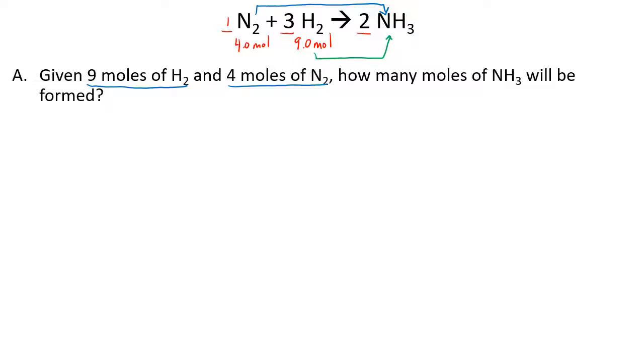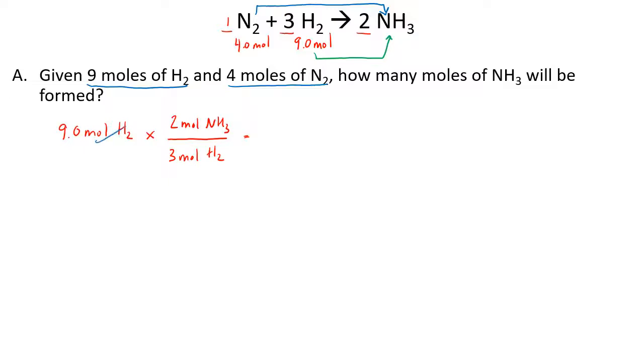So let's start with our 9 moles of hydrogen. When we have 9 moles of H2, according to the balanced equation, 3 moles of hydrogen react to form 2 moles of ammonia. Our 3 moles of hydrogen will have to go in the denominator, and our 2 moles of NH3 will have to go in the numerator.